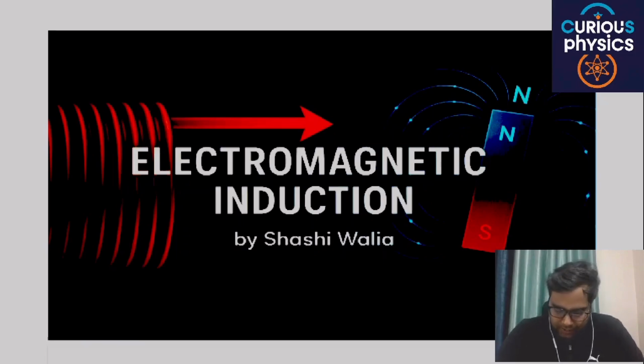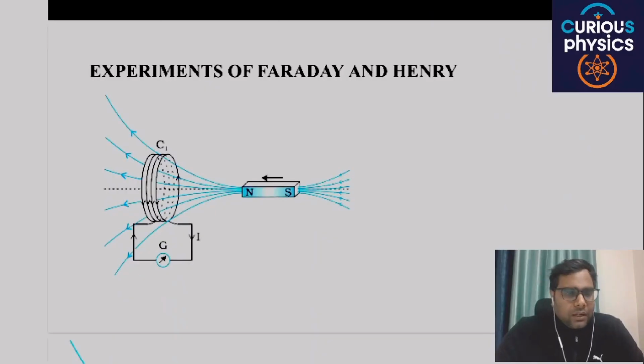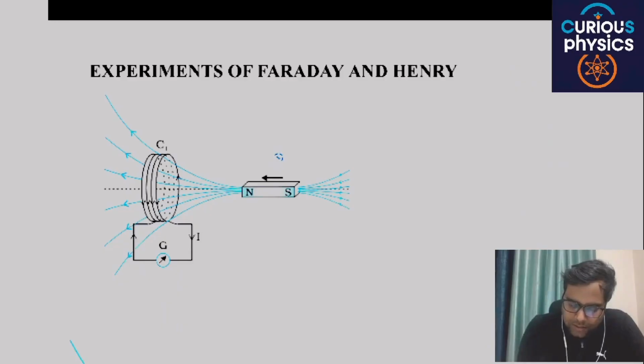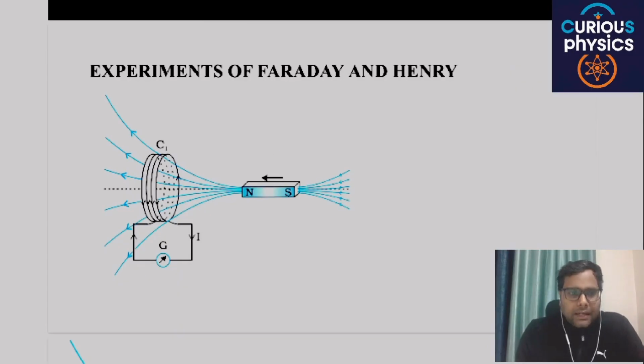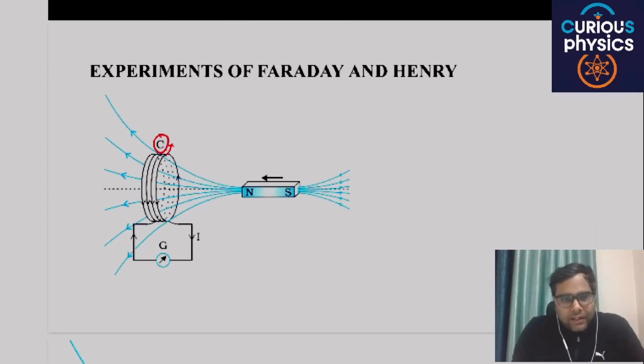So let's start. This chapter starts with some experiments. In the first experiment we see a magnet moving toward a coil, this particular coil C. When this magnet moves toward the coil, the number of magnetic field lines in the coil increases.